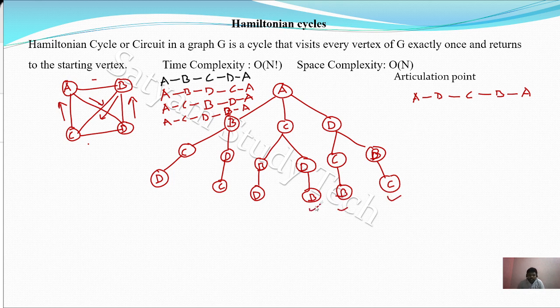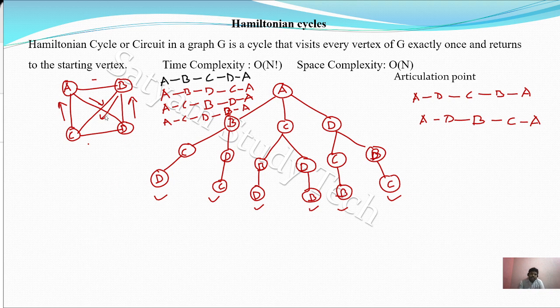So these are all the Hamiltonian cycles that exist. Six Hamiltonian cycles exist in this graph.